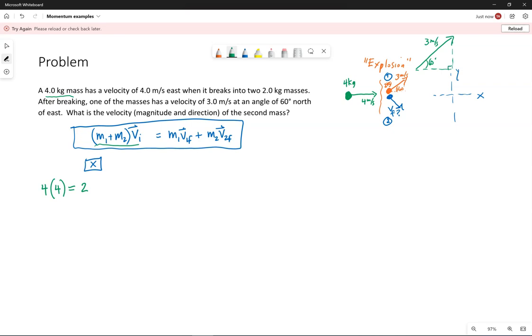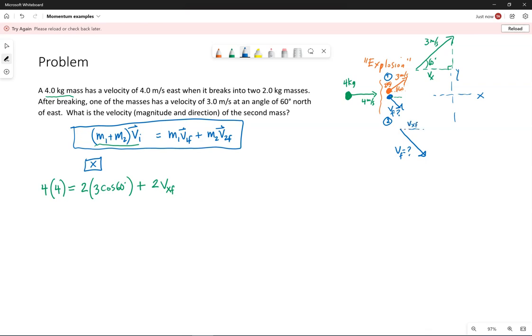So the x component of this velocity is going to be 3 cosine 60. So that's the momentum of mass 1. Mass 2 is going to have momentum that depends upon its mass and its x velocity. I'm just going to call this Vx final, meaning this x component of the V final that we're looking for.